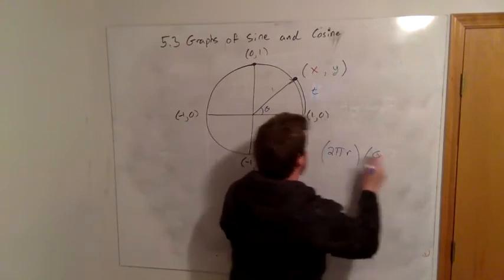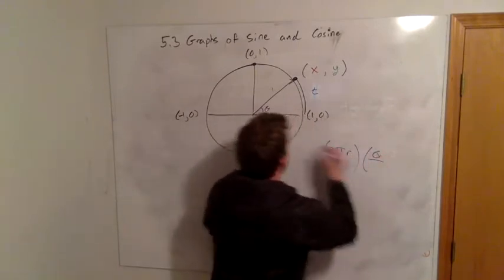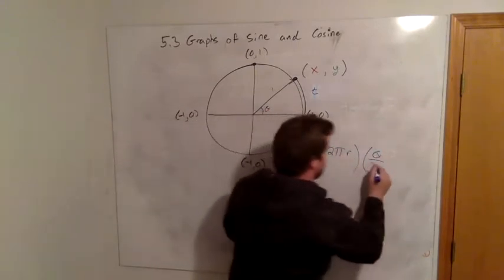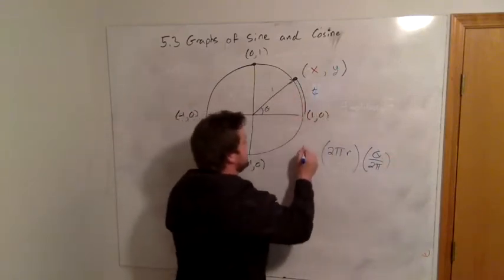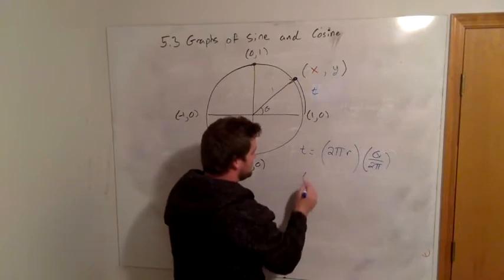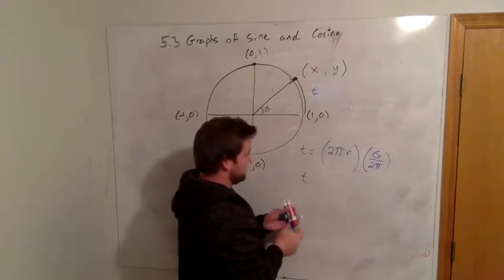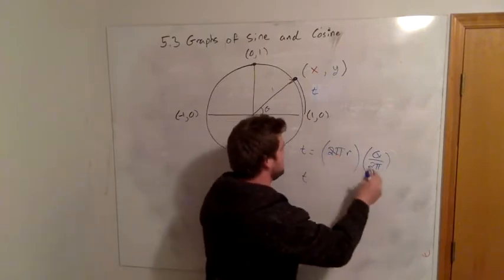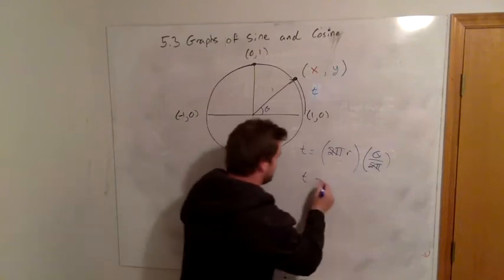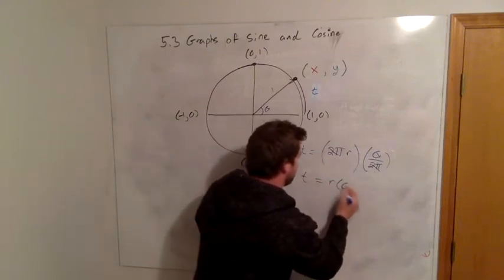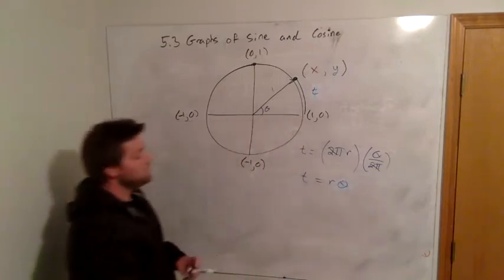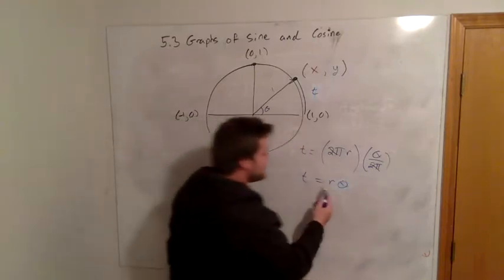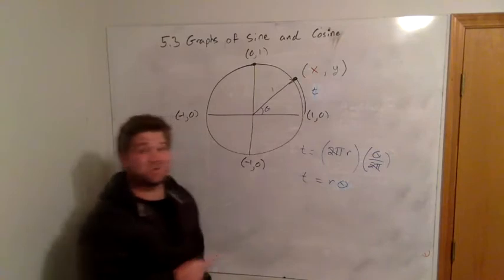Well, I want theta, measured in radians, over 2 pi radians, so I just want this fraction. This should give me that length t. Notice that the 2 pi's cancel, and we're just left with r times theta.